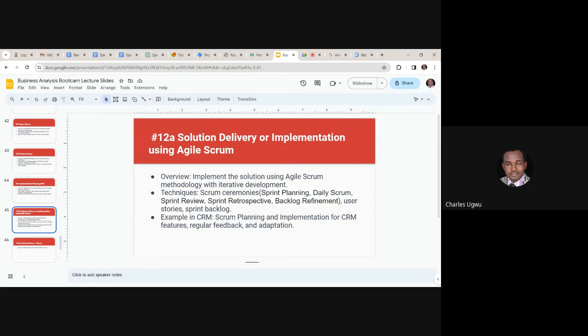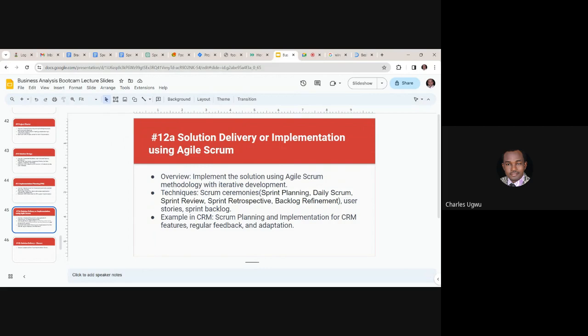So now is the time to implement the solution, using agile scrum methodologies with iterative development. The technique here is what we call scrum. We apply scrum in this. Scrum is a framework in agile methodology.